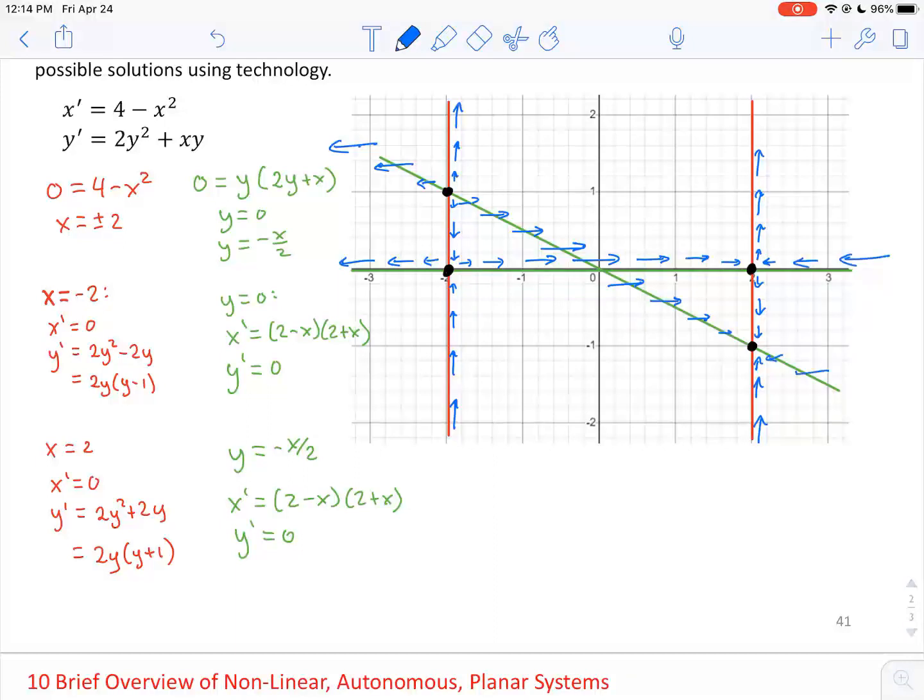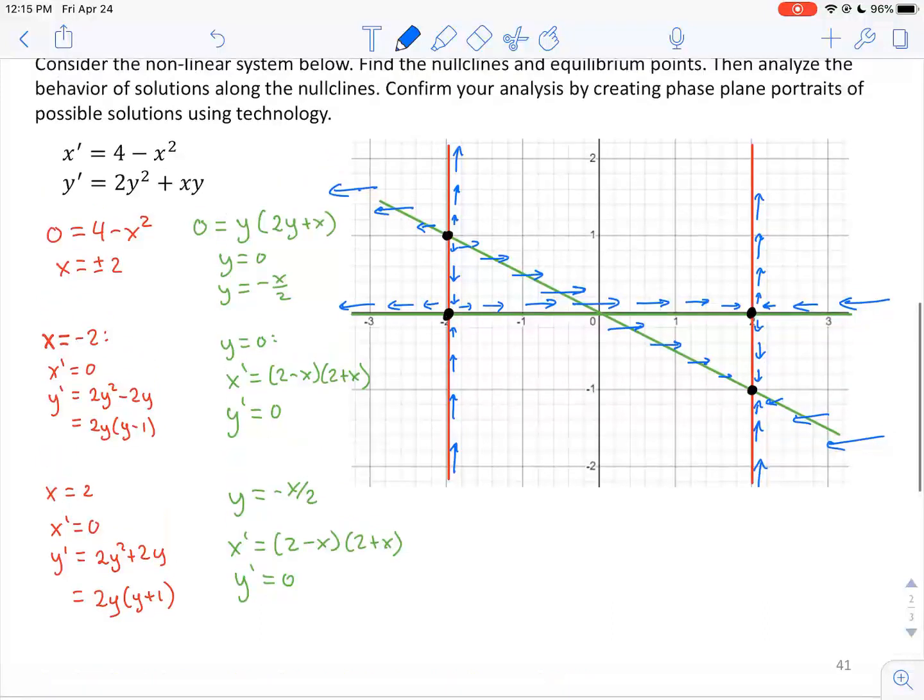The same thing's going to happen along this diagonal portion of the nullcline. All right, next, we've analyzed the solutions as they interact with the nullclines. Now we're going to go to the phase plane portrait and do this there.